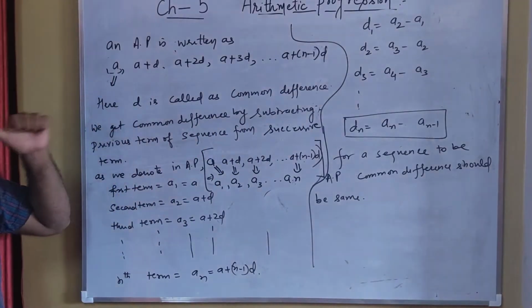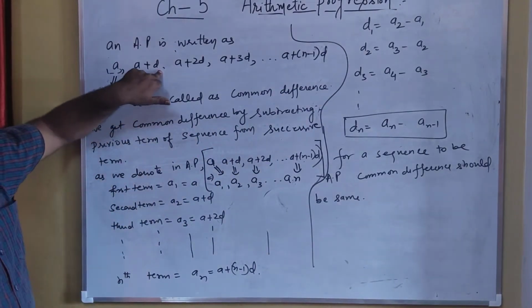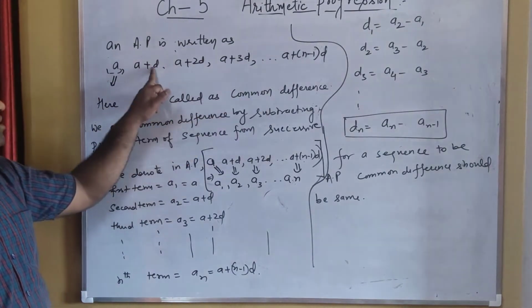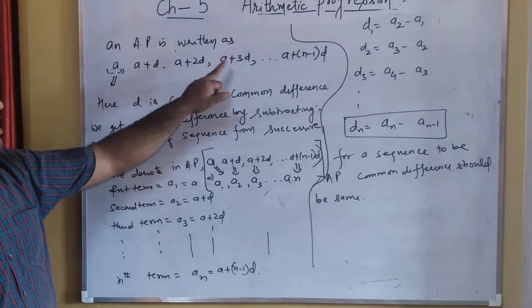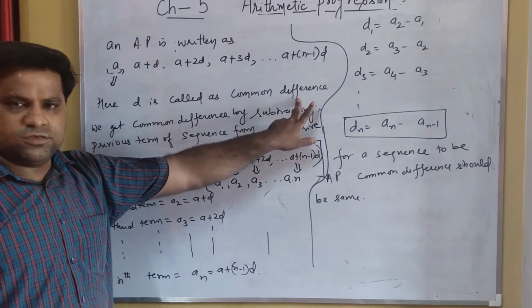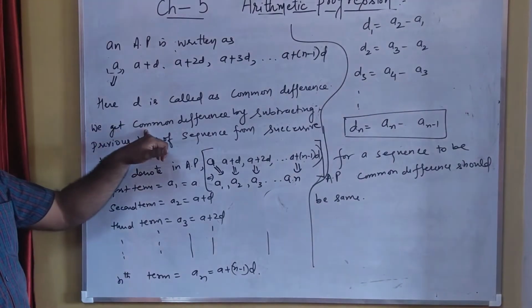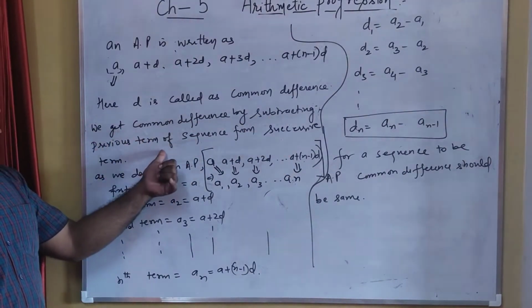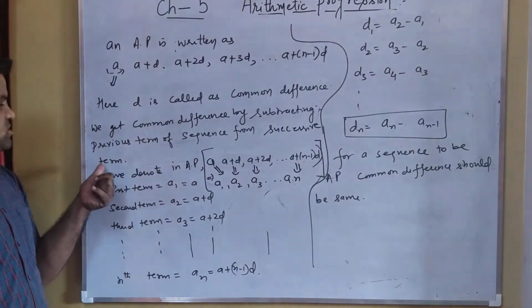Now here our question is, what is d? Here d is called the common difference. This d which is coming in every term is called the common difference. We get the common difference by subtracting the previous term of the sequence from the successive term.